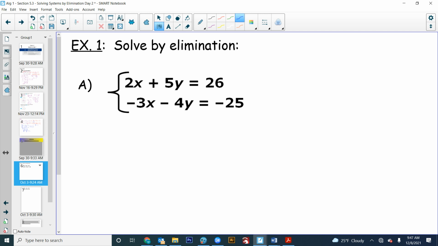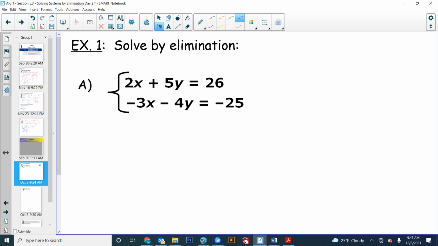Now, you guys got to really focus here for a couple minutes. Do you guys agree? Okay, I got opposite signs here with the ones. This is pretty easy to set up either way. I can eliminate my x's or my y's.